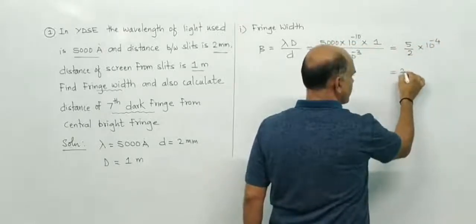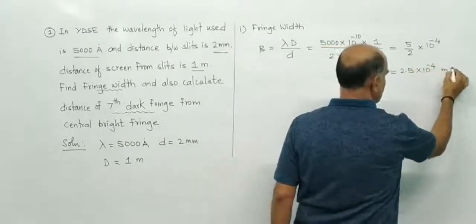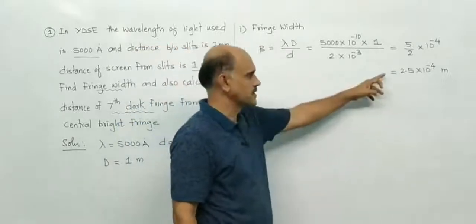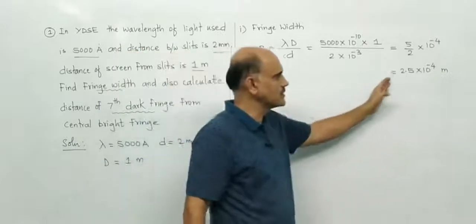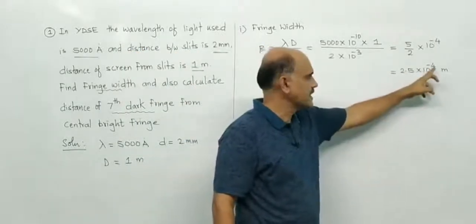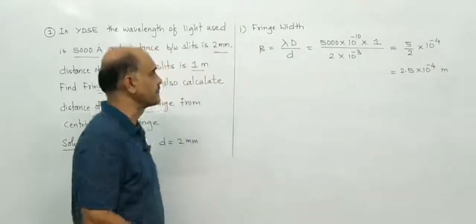If you simplify, it is 2.5 into 10 raised to minus 4 meters. This is the fringe width. If you want to convert it into mm, you can convert it.